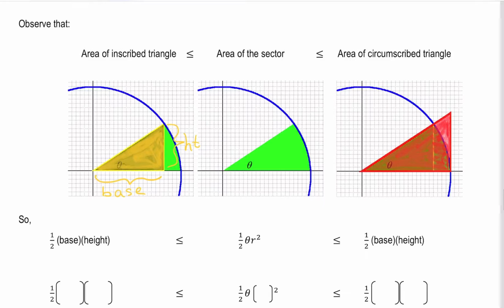Well, it just so happens, if this is my angle theta here, this base and height is going to be the xy values of this point on the unit circle.